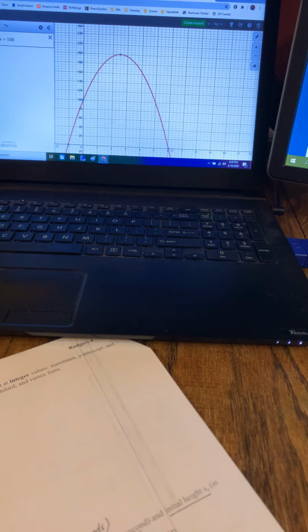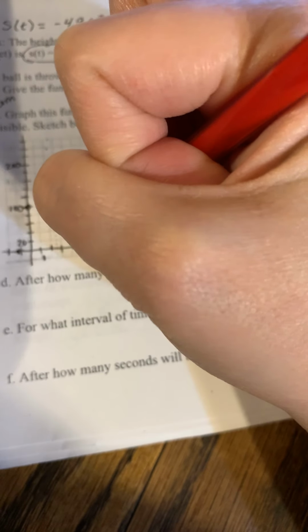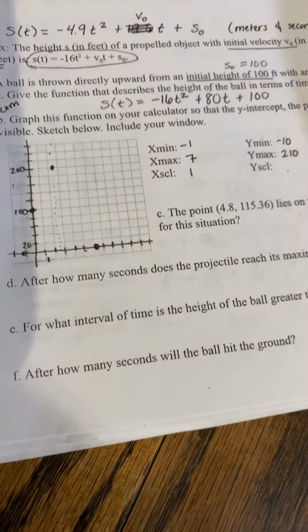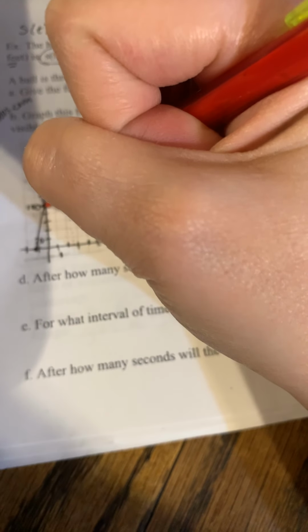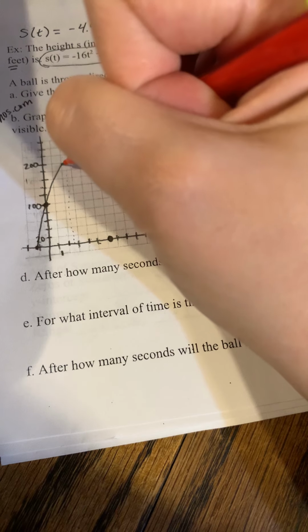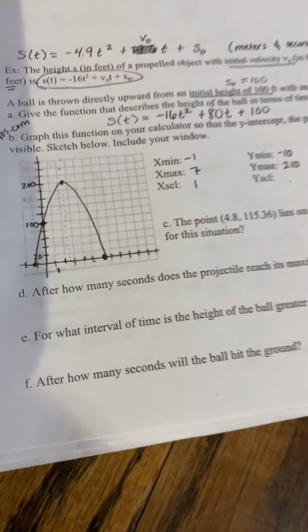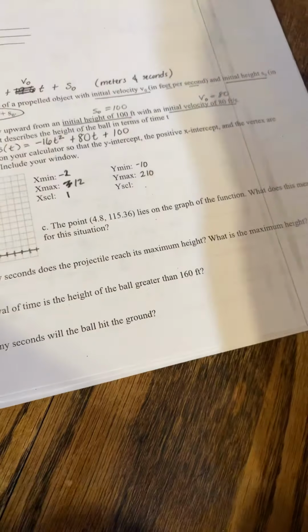And then keep going. And then 6, 0, basically. There we go. So this is actually -2 to 12 on a scale of 1.